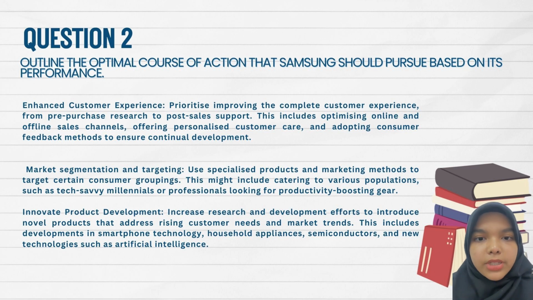Prioritize improving the complete consumer experience from pre-purchase research to post-sales support. These include optimizing online and offline sales channels, offering personalized customer care, and adapting consumer feedback methods to ensure continual development.